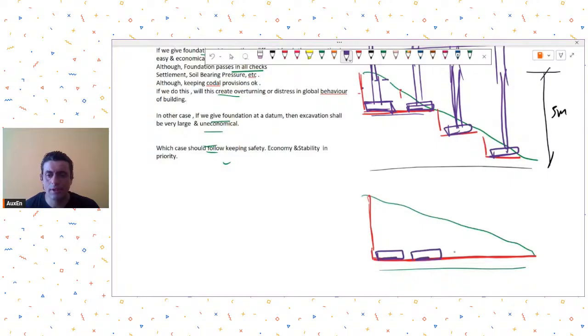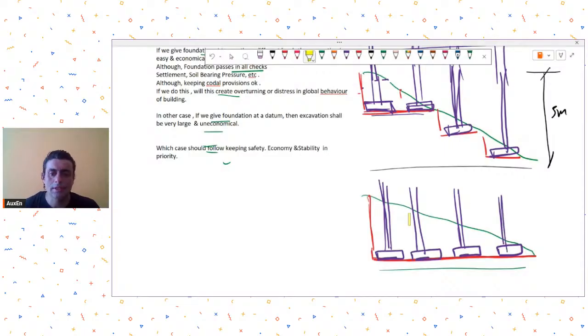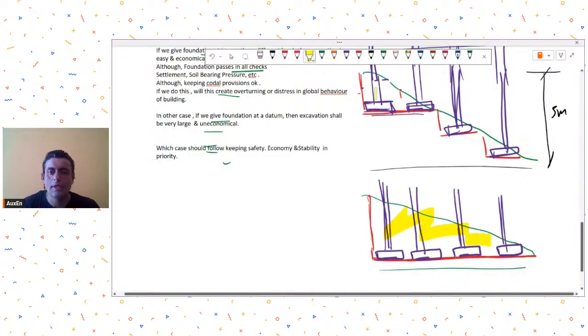That is his query. This will be problematic in terms of execution, because then there are large excavations that are involved, so you will have to excavate all this, and here the excavation was only this and this. So which one is better?